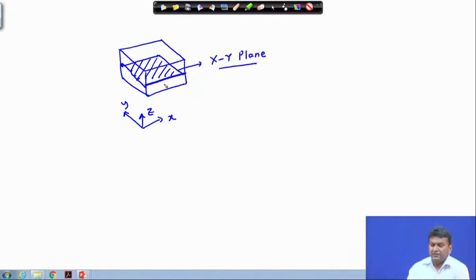And this deformation can be caused in two ways. First, if there is a relative velocity between these two faces, and also if there is a relative velocity between these two faces. One of them, depending on the direction, will lead to del v del x, the other one will lead to del u del y.